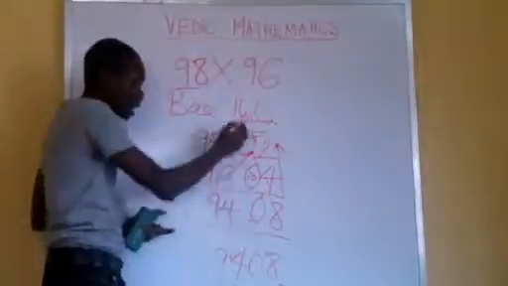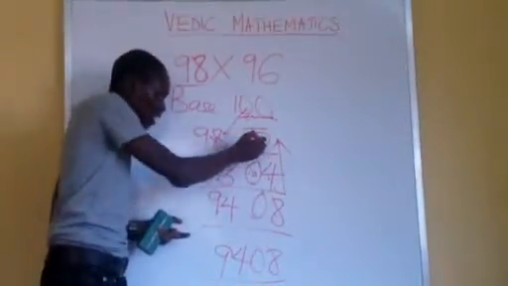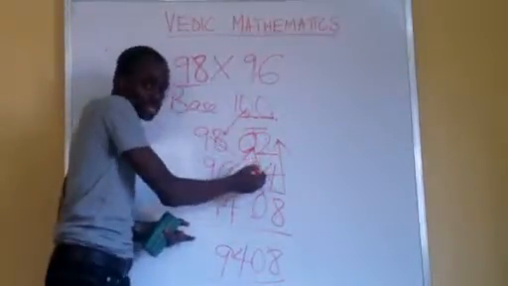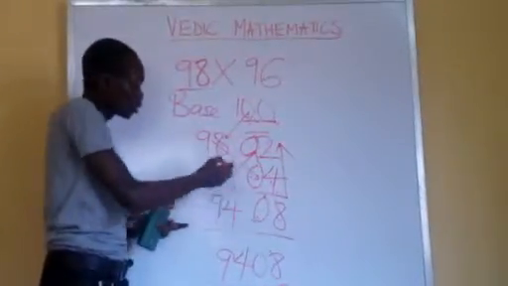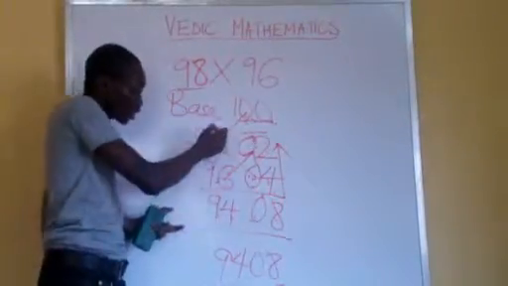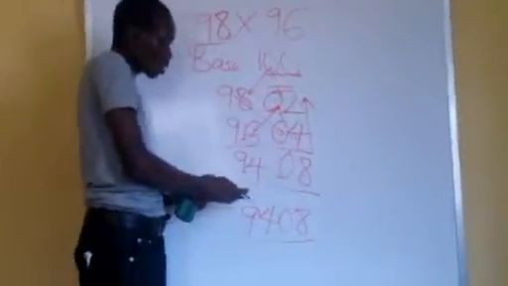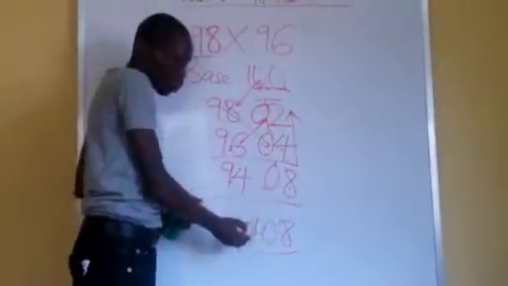Next step, you either use this to subtract this or this to subtract this. Both of them are going to give you the same answer. So you have 96 minus 2, which is 94, or 98 minus 4, which is 94. You combine both numbers together. So your answer is 9408.